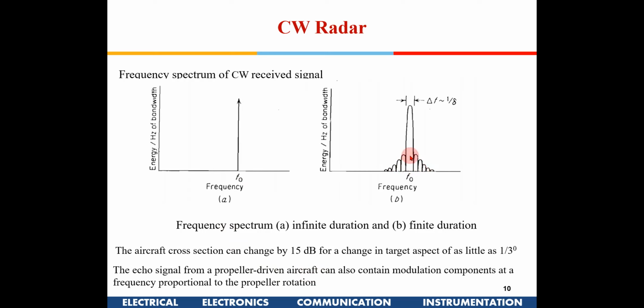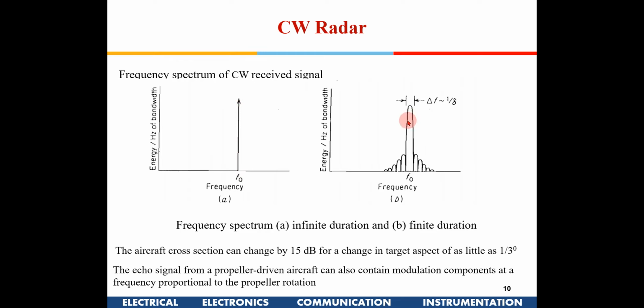If the aircraft is exactly moving towards the radar and there is no change in aspect ratio, then you might get this kind of response spectrum, but that doesn't practically happen.